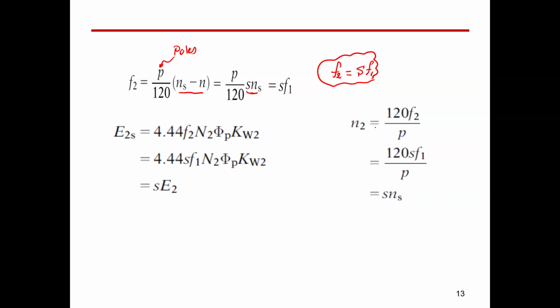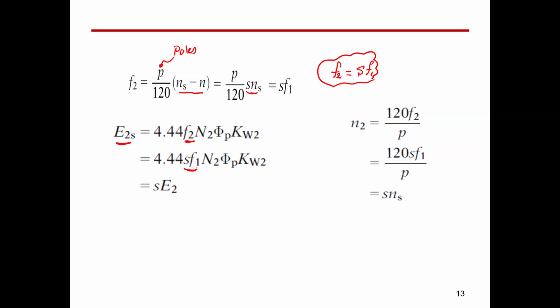What about the induced volt? You know that any EMF, guys, equals 4.44 times frequency times number of turns times peak flux times winding factor. So this is the relation of the EMF. So in this case, the induced volt at the rotor winding is going to depend on F2, which is S times F1.